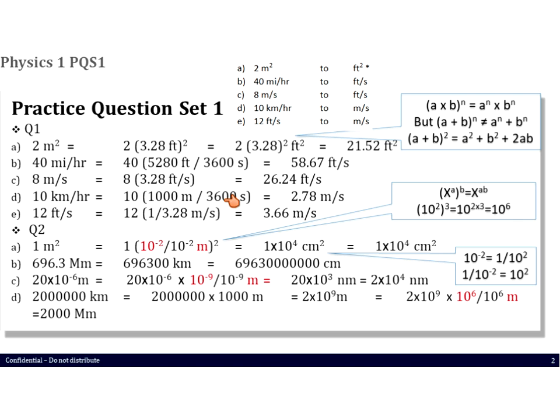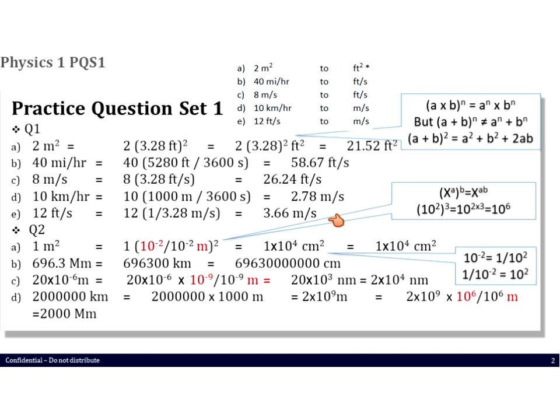So you know that there are 3.28 feet in a meter, so it means that there are 1 divided by 3.28 meters in a foot. So you can use that, just reciprocate. That's what I have used here. Rather than going through all that other conversion factor, I just used the one that was already given. And 3.66 meter per second is the answer.